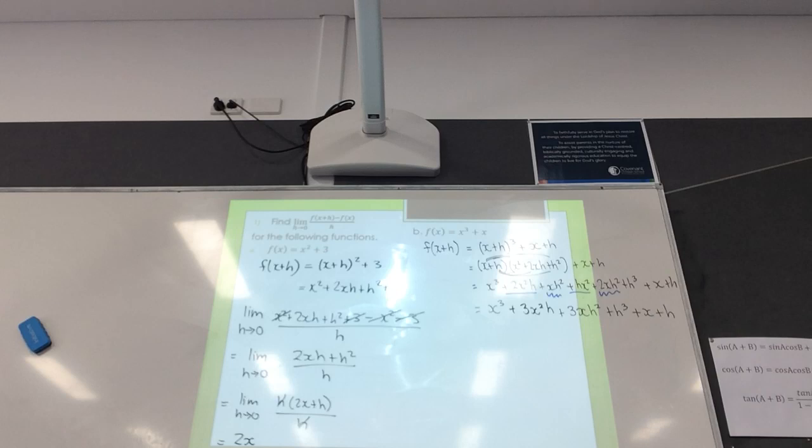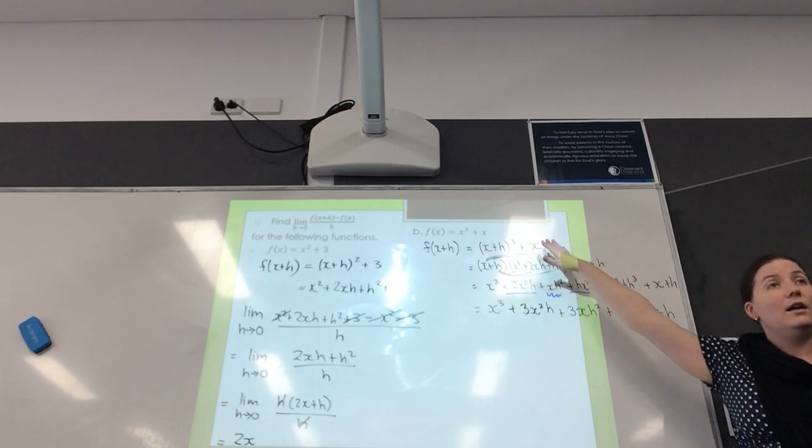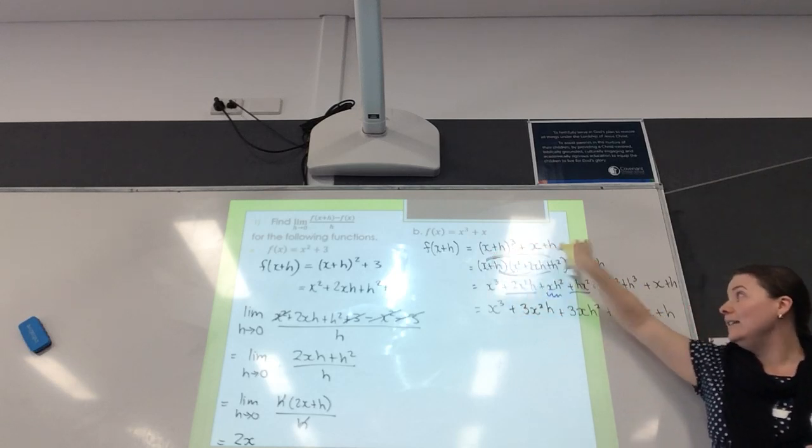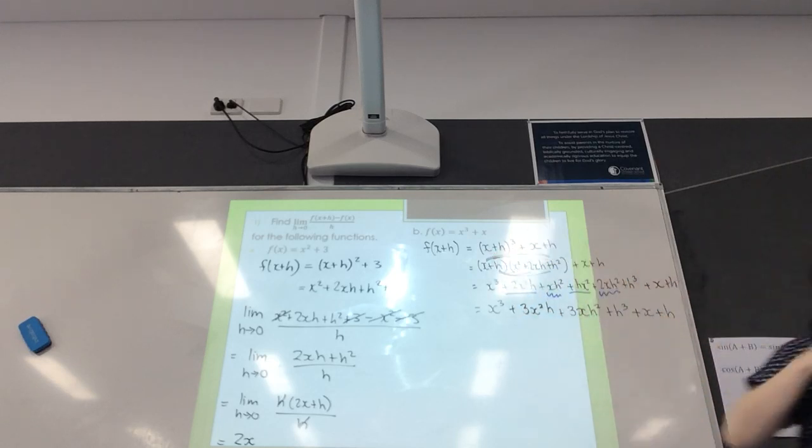And guess what? We're not done, because we haven't actually substituted into the limit yet, have we? If you're expanding a cubic, I would keep one bracket and expand to the power of 2, and then distribute into that.